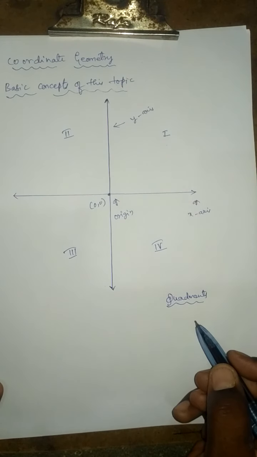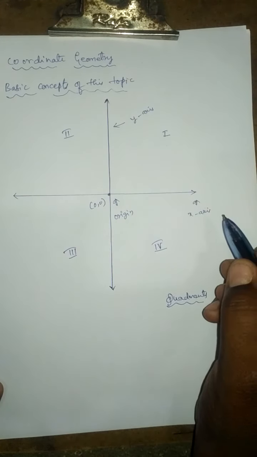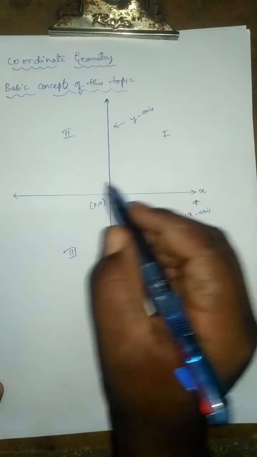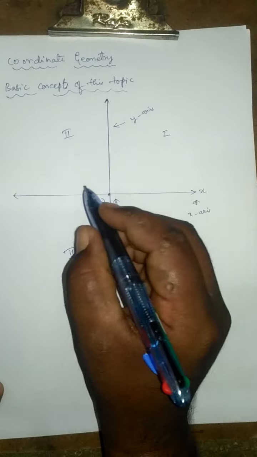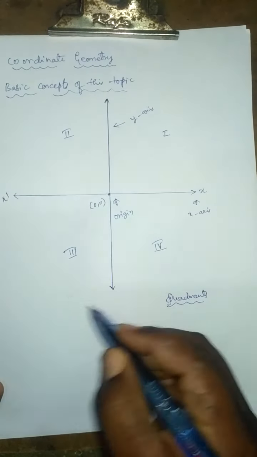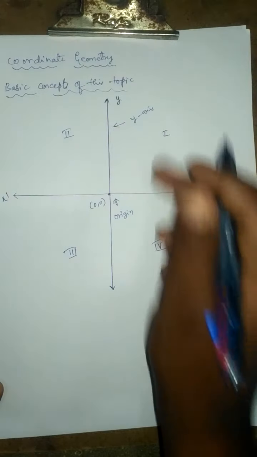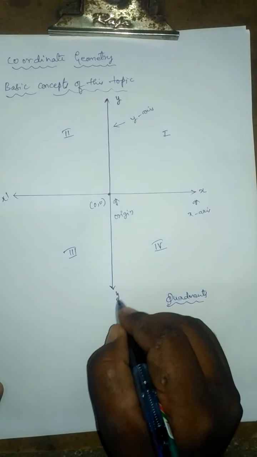Now to this horizontal axis we are going to give the name x, x dash. This vertical line we have to name y and y dash.